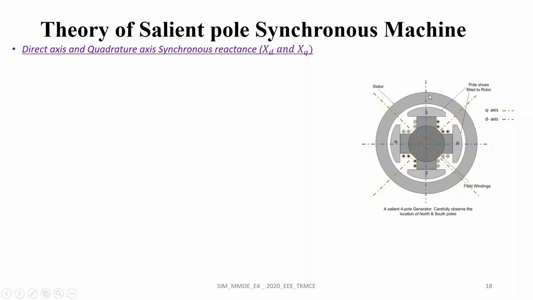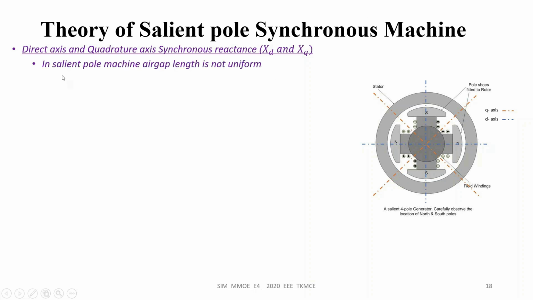So correspondingly, there is maximum flux linkage along the direct axis, and minimum flux linkage along the quadrature axis. If flux is more, direct axis reactance is more, and in the quadrature axis flux is less, therefore reactance is less. So direct axis synchronous reactance is represented by XD, and quadrature axis synchronous reactance is represented by XQ in the case of a synchronous machine.